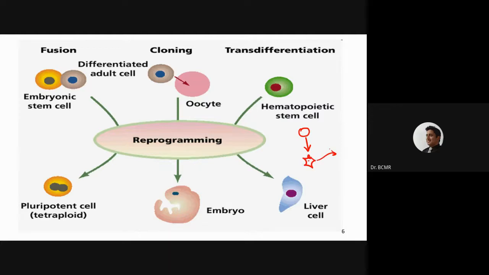If we are trying to differentiate one cell type into another, we are actually reprogramming. That is why this chapter has nuclear reprogramming. There is a nuclear program, and we want to reprogram it so that the cell would change or differentiate into a cell of our desire. That is the technical part, which will come in the later part of this lesson.